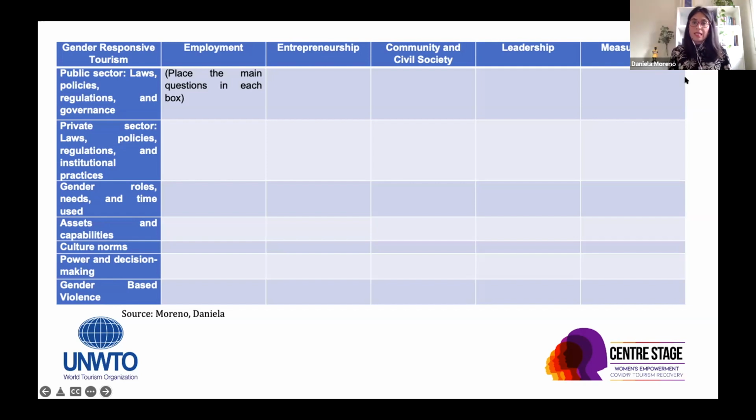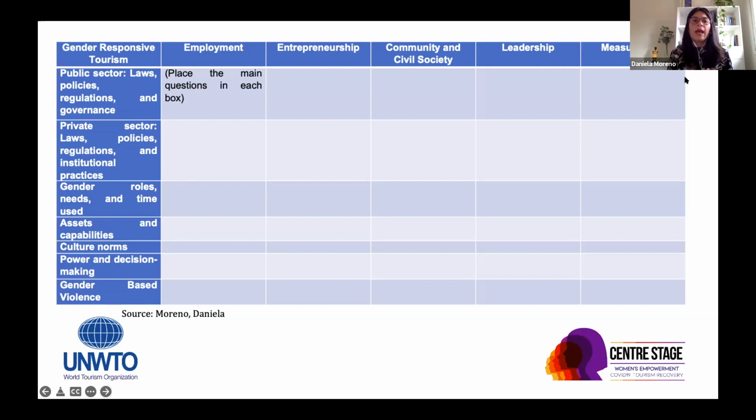Then we have the second domain, which is about the private sector. As you may know, the private sector is a key stakeholder for tourism. When we consider this domain in our rapid gender assessment, we have to check the law, the policies, regulation, and also the institutional practices.